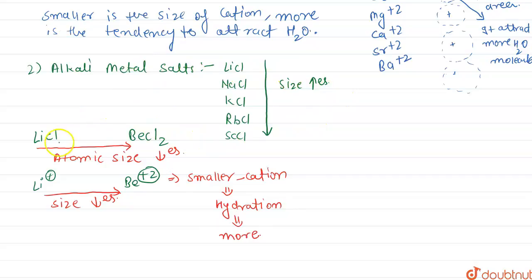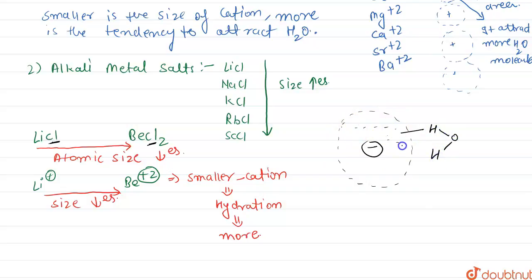But here, in LiCl there is one Cl and in BeCl2 we have two Cl. So we can say that the larger the size of the anion, the more tendency it has to attract the H atom of the water molecule.